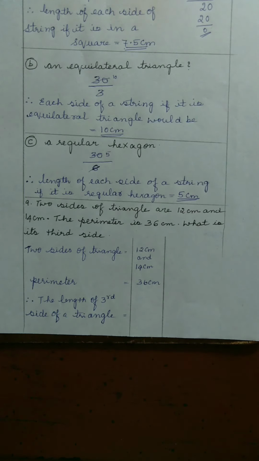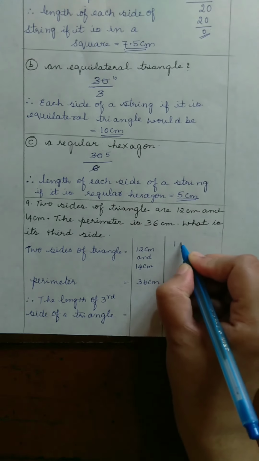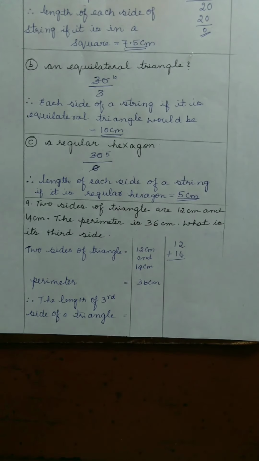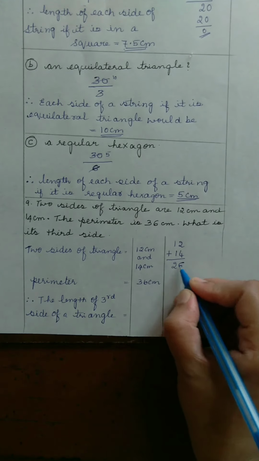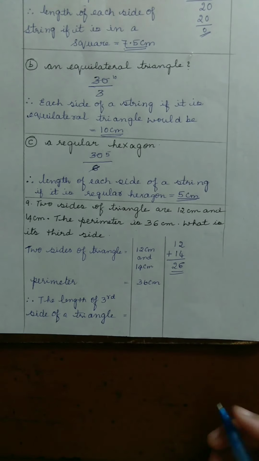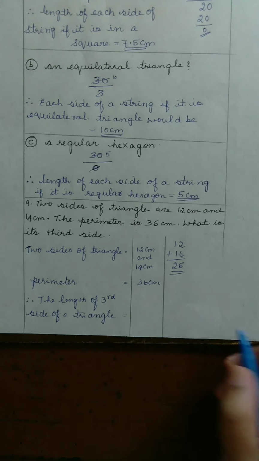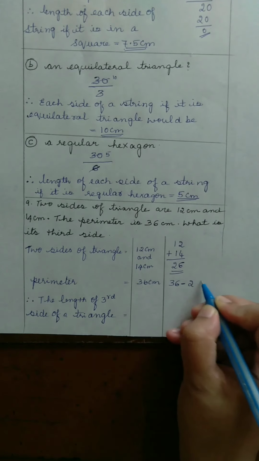How to find out the third side? The method is followed as, children, first we shall add the two sides, that is 12 centimeter plus 14 centimeter. 4 plus 2 it is 6, 1 plus 1 it will be 2, 26. The perimeter value is 36. So 36 minus 26.